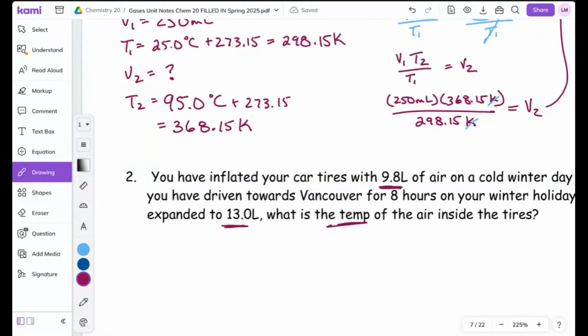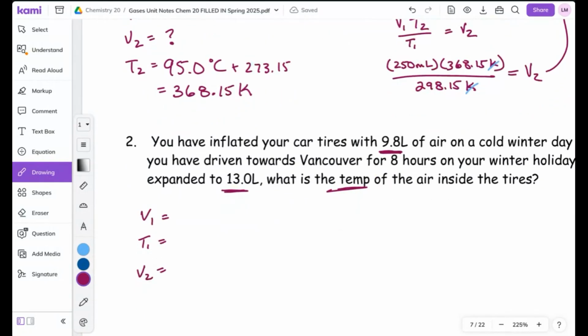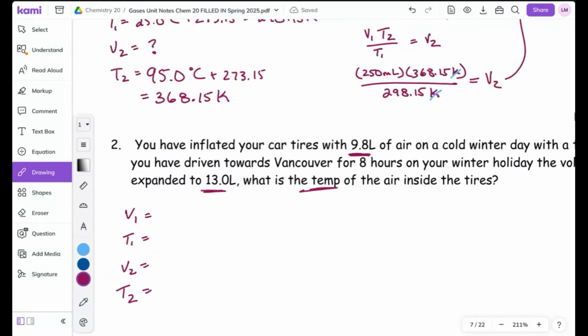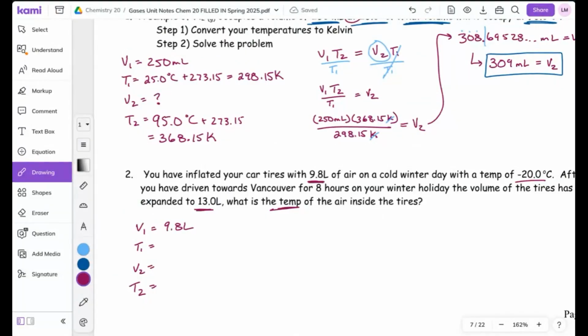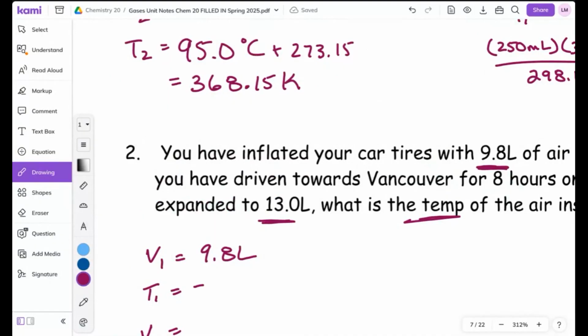So we're going to start off with our list of givens. V1, T1 is equal to V2, and then T2. Okay, so initially it says we put in 9.8 liters of air, and the temperature associated with that volume of air is negative 20 degrees Celsius.